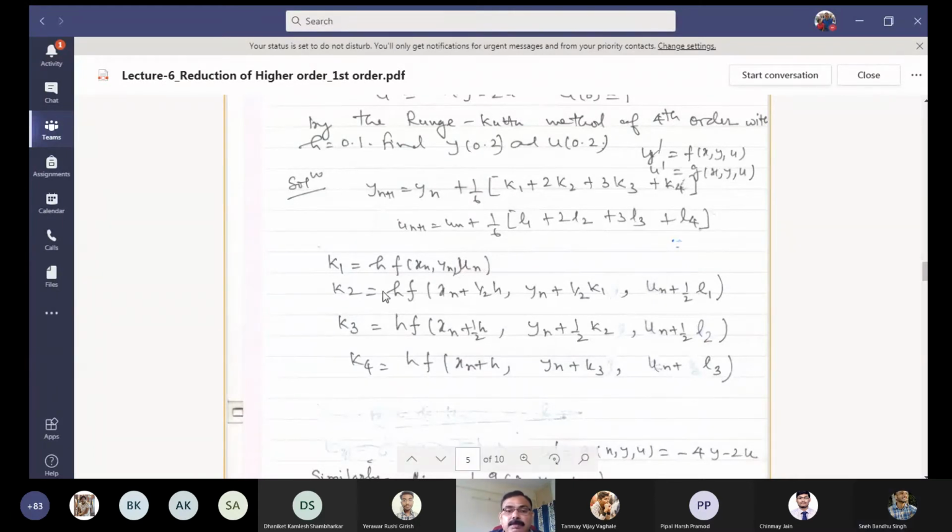Okay, then K2 will be h f of xn plus h by 2, yn plus 1 by 2 of K1, and here we will have un plus 1 by 2 of L1 also. Corresponding to u, L is there. I will write L also. Right?